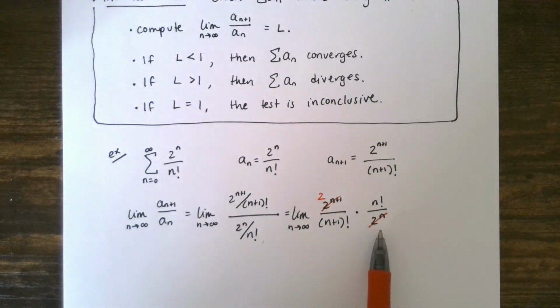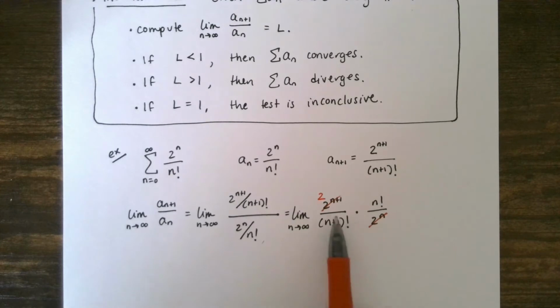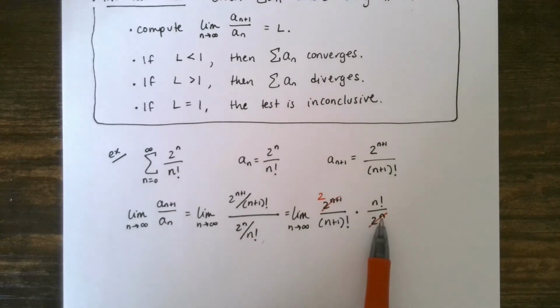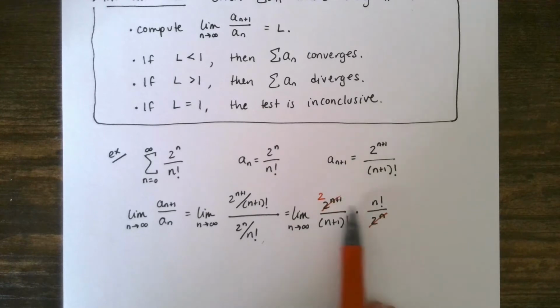It totally cancels out. If that cancellation feels a little awkward to you, another way to see this more concretely is to use exponent rules. So if you have 2 to the n plus 1 over 2 to the n, you would subtract those exponents. So it's 2 raised to the n plus 1 minus n. And then the n plus 1 minus n gives you that 2 to the 1 power here.